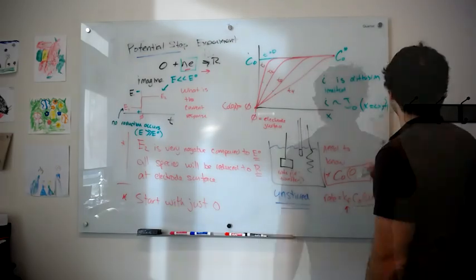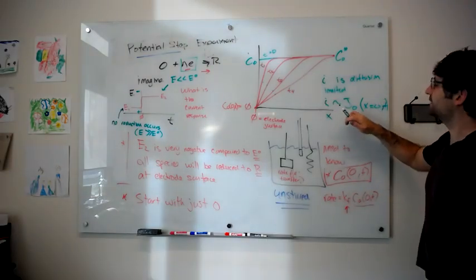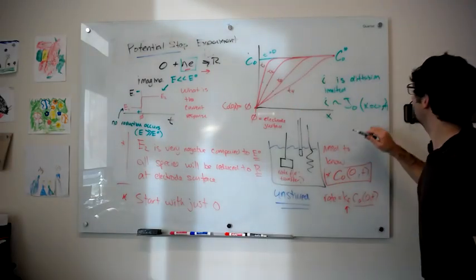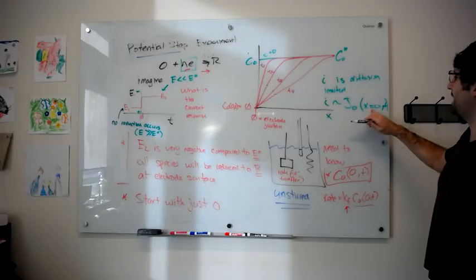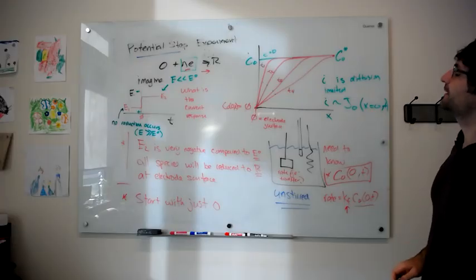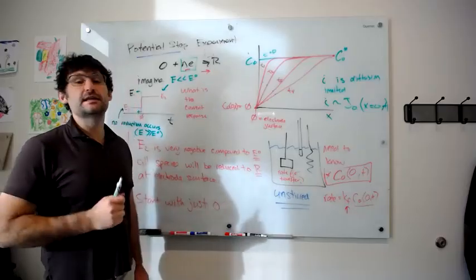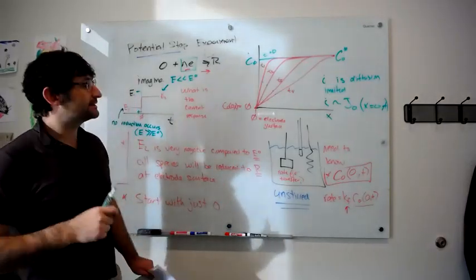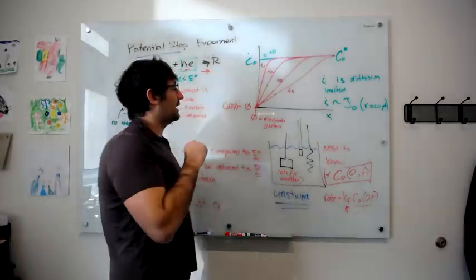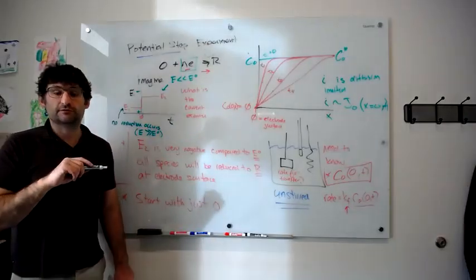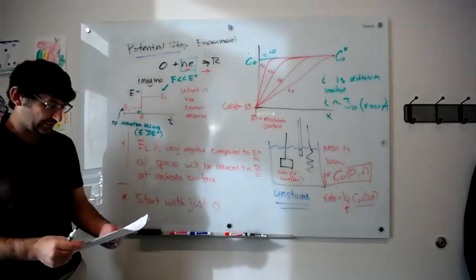So the current is going to be related to the flux of O coming to the surface, so the flux at x equals 0 as a function of time. And of course, we know how to calculate flux from concentration profiles. We did that in the last lecture. That's simply the diffusion flux, which is given by Fick's first law.